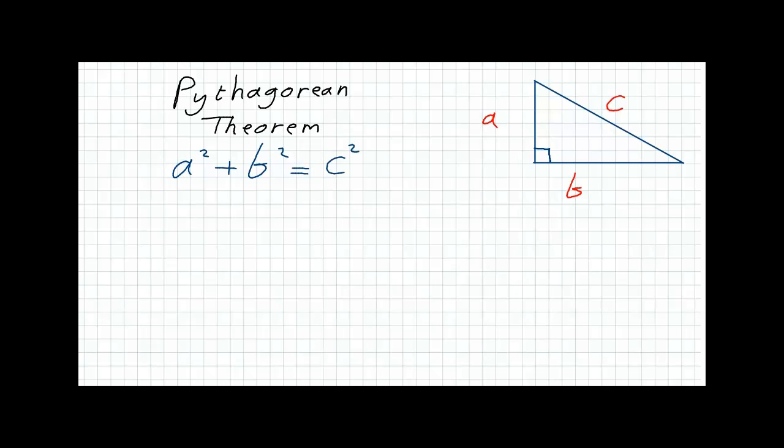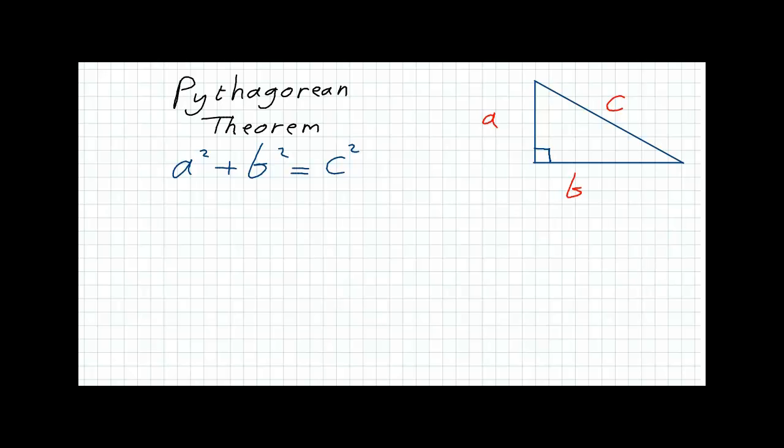In other words, the sum of the squared right angle sides is equal to the squared length of the hypotenuse. So if you have a right triangle with two sides known and you need to find the third side, this theorem will help you so much.